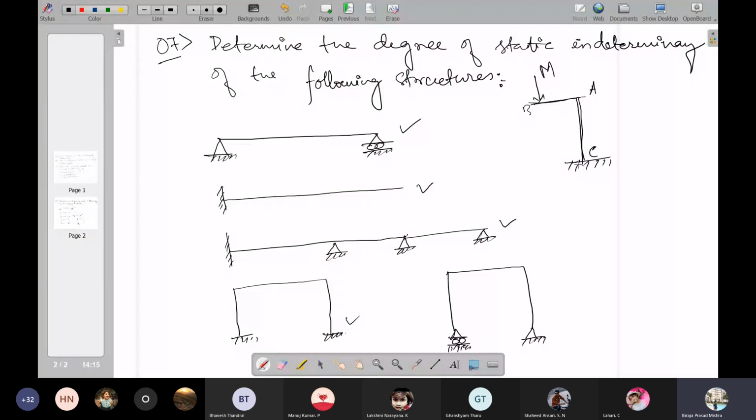This is A, this is O, this is B. So you have to determine the static indeterminacy.